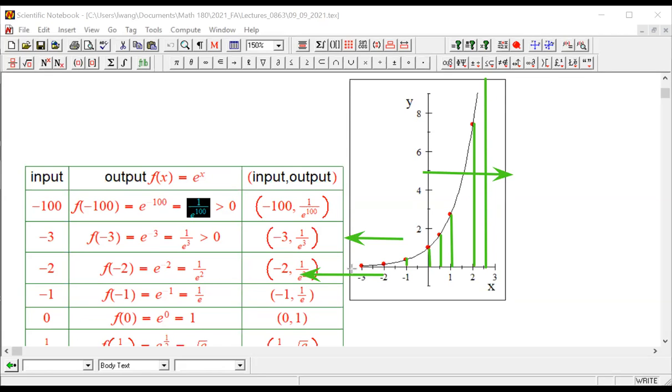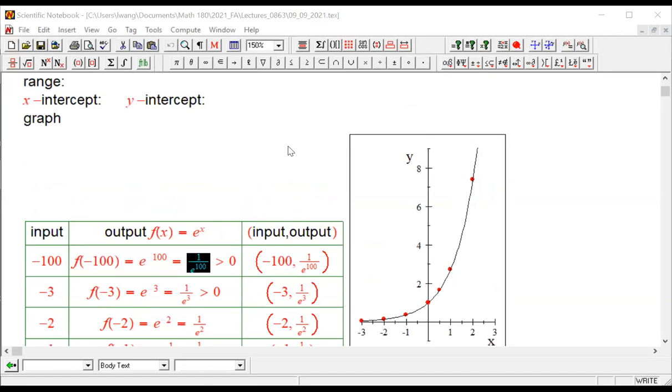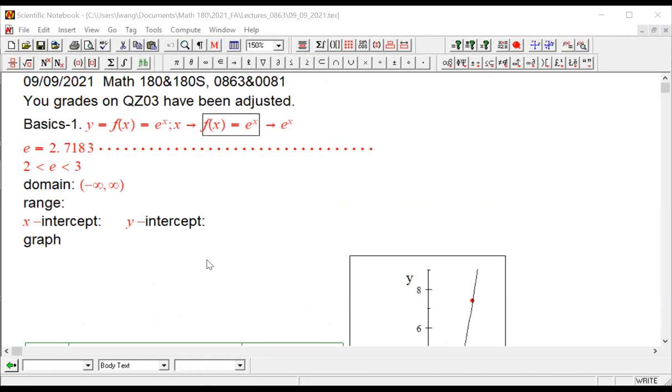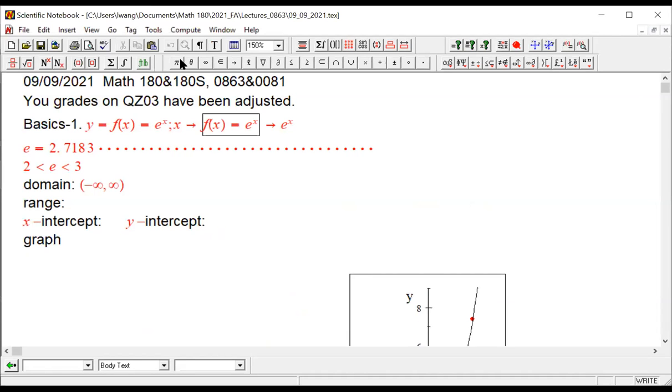So let's summarize. Let's see how we express these observations mathematically. Okay, so I'm going to clean this up. On the graph, you guys have the graph in front of you, right? As x approaches positive infinity, 2 to the power x is approaching infinity. Yes?